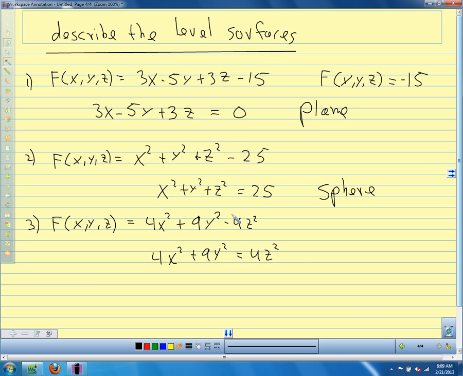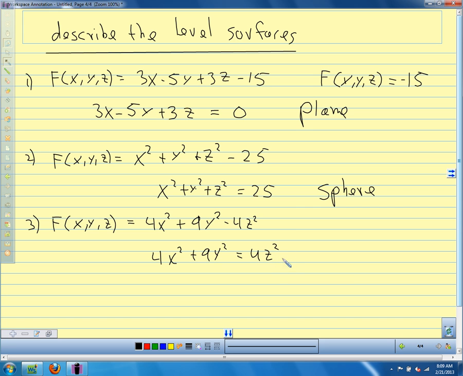So we're setting this equal to 0, and so the sides would be what curve in the coordinate planes? Sides would be lines, right? If I looked at just 9y squared equals 4z squared, take the square root of both sides and I get lines. So the sides are going to be lines, and parallel to the xy plane, when z is a constant, we get ellipses.